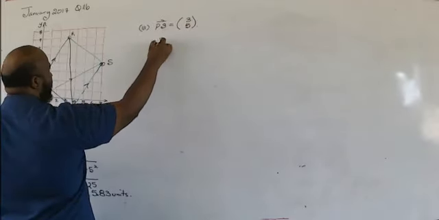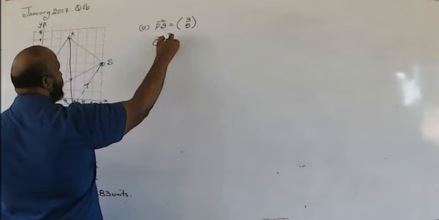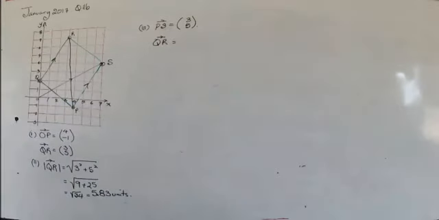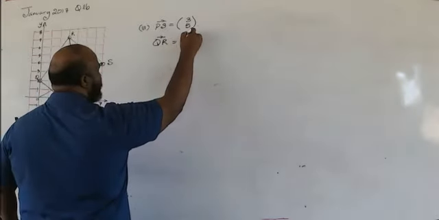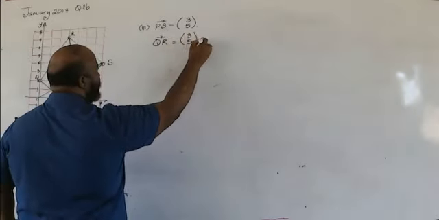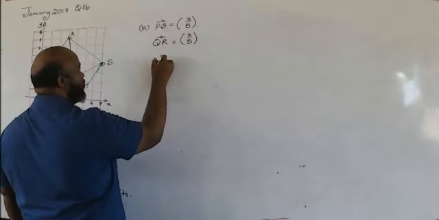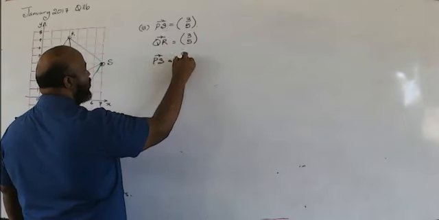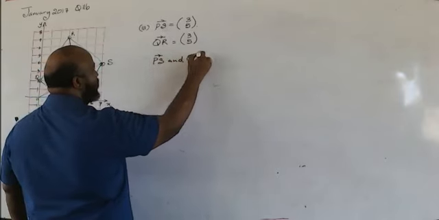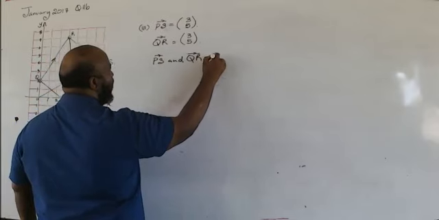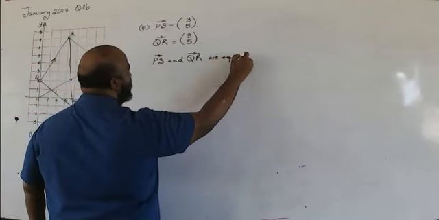What is QR? QR is 3, 5. So can I therefore say that PS and QR are equal vectors?